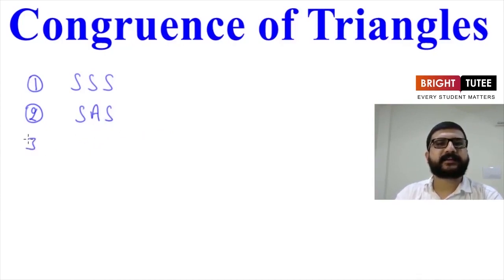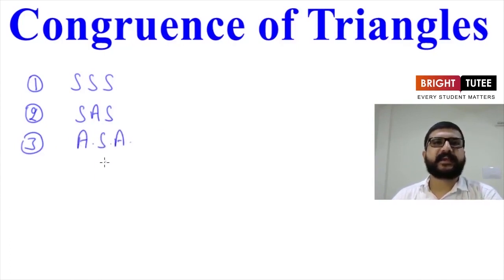And then the third criteria was ASA. It says if a triangle has 2 angles and a side included between these 2 angles equal to the corresponding 2 angles and a side included between those 2 angles of another triangle, then the triangles are known as congruent triangles.